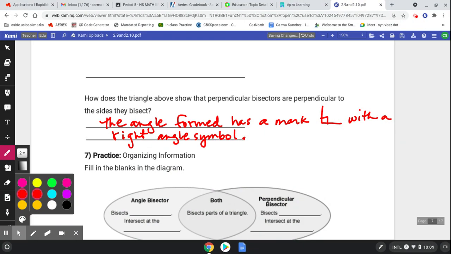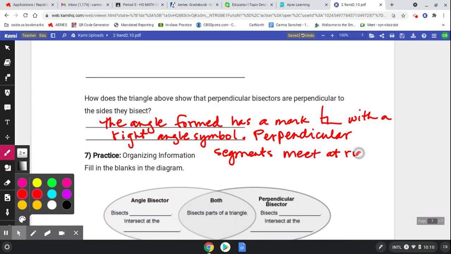And we know that perpendicular segments meet at right angles.